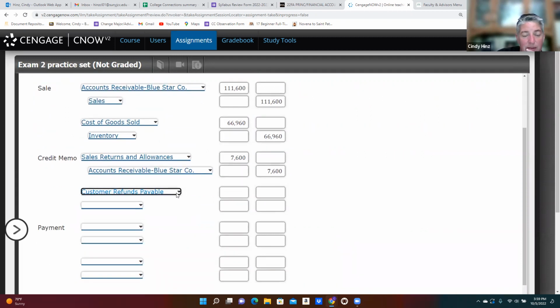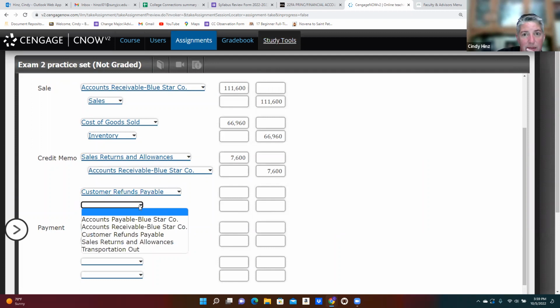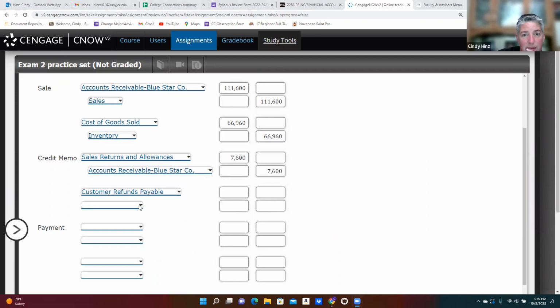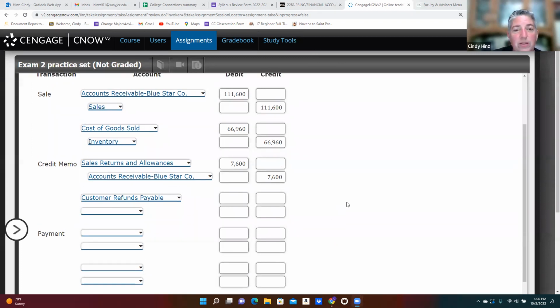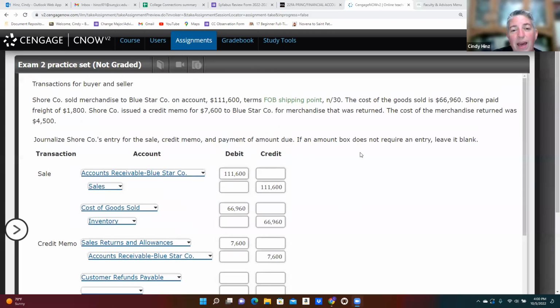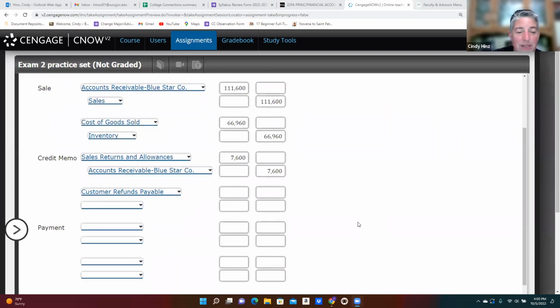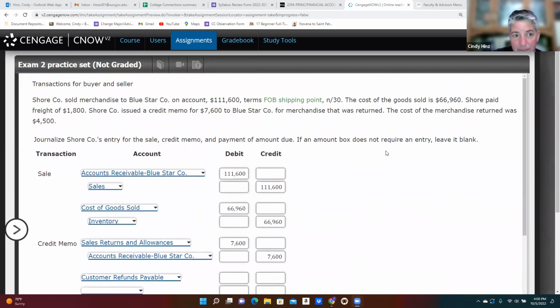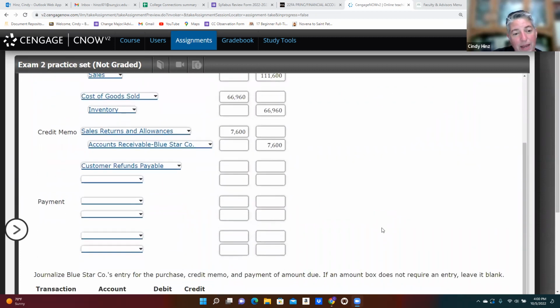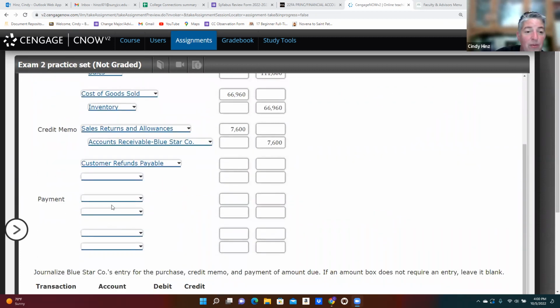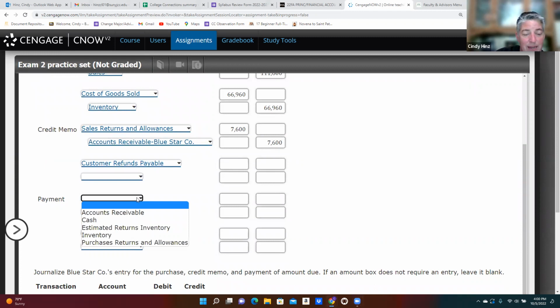So sometimes it's a matter of trying to figure out what the software wants. So give me just a second. I'm going to go ahead to the next, the payment due, trying to figure out where they want us to put the freight bill, the 1,800. Again, I know what to do. I just don't know how they are asking to see it.